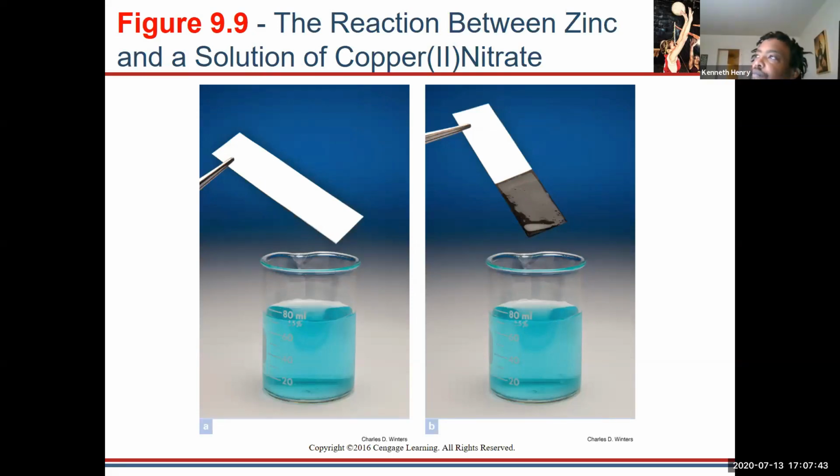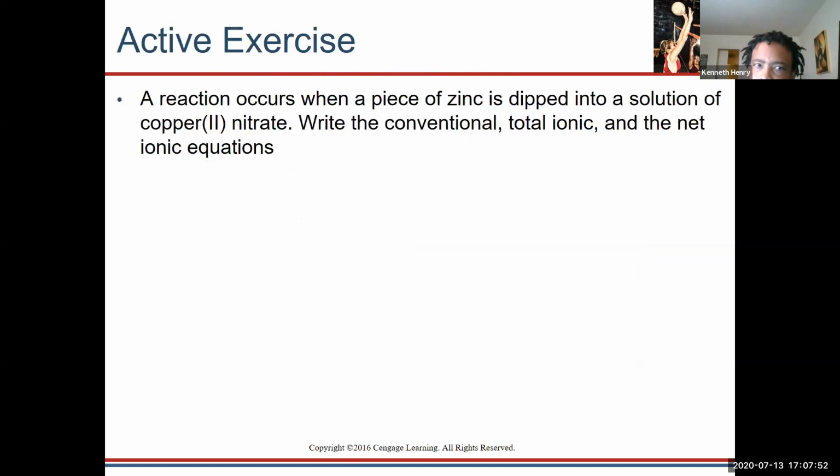So we have this reaction, the reaction between zinc and the solution of copper 2 nitrate. Write the total equation and then tell me what is being oxidized and reduced.